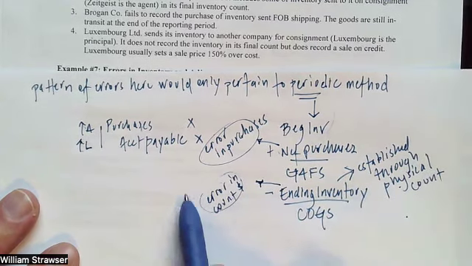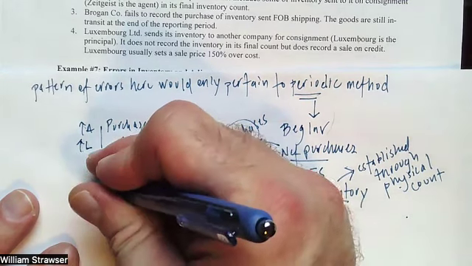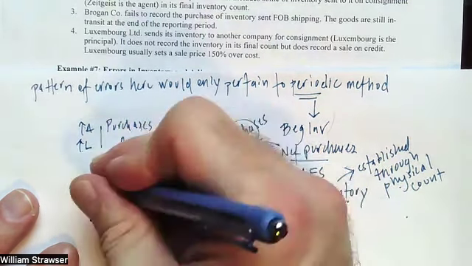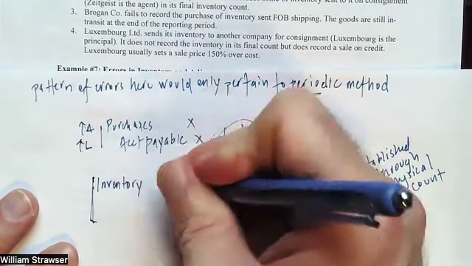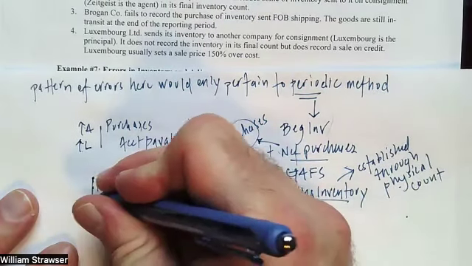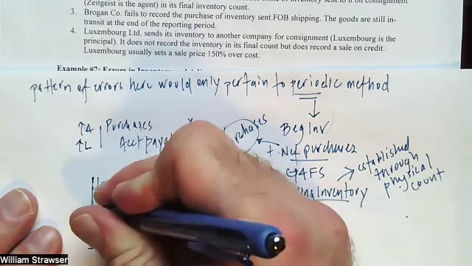The ending inventory count is going to be an error in setting how much inventory should be there at the end of the period. And so it's going to be an issue with our debit here to inventory. And remember, we're under the periodic system, so we have a lot of other accounts here. We have the purchase discounts.